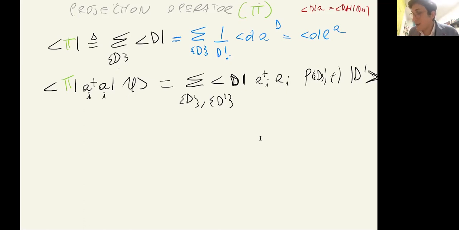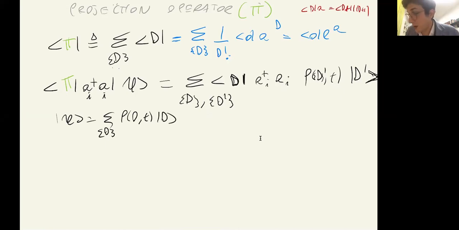And so what happens is that if you compute this, the bra of pi, a dagger i, a i, phi, we just use the definition. This will be the sum over all d that comes from this pi, and the sum over d prime, if you remember, comes from phi, which was defined as the sum over d prime of p of d prime, d prime.